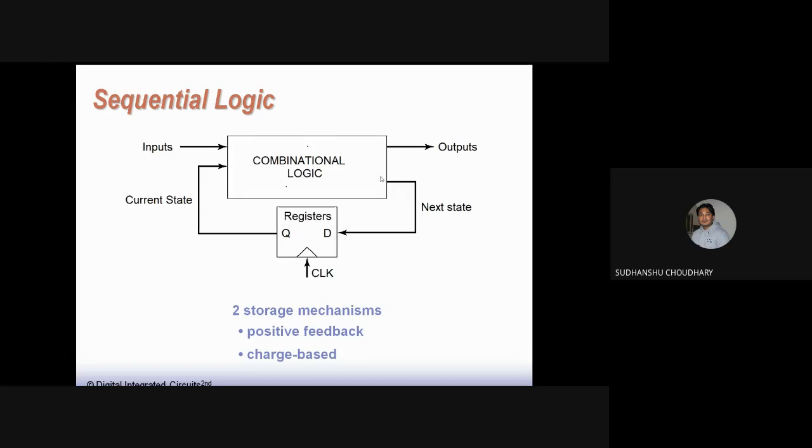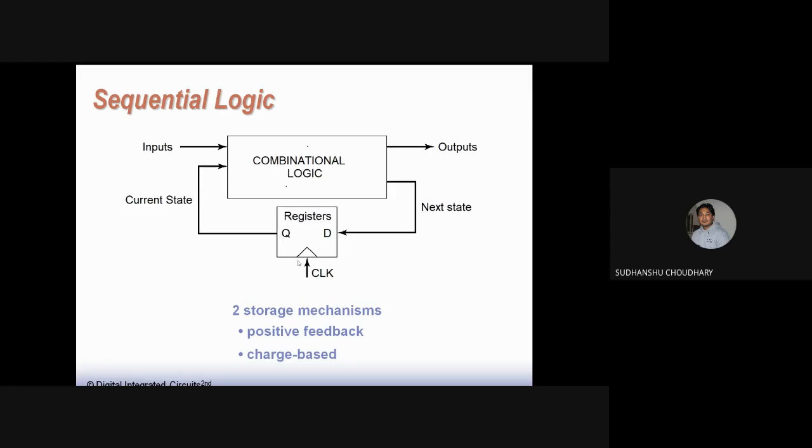So there is some sort of feedback that has to be supplied from the output to the input. This feedback, which contains the current state or the next state, has to be stored in some register. Some storage element can be utilized here, which will store the value of the output on the previous inputs.